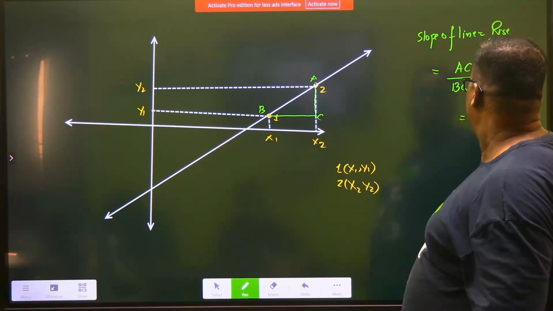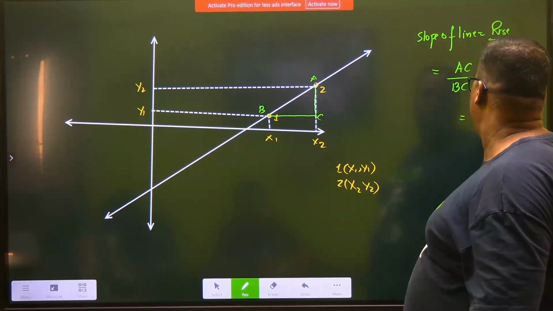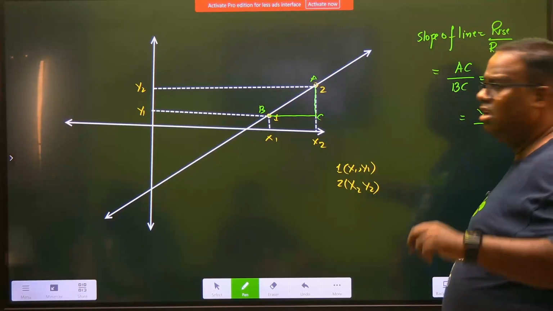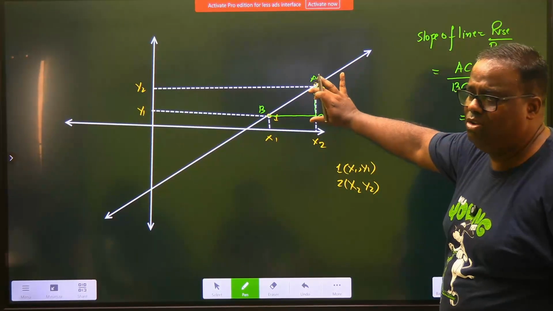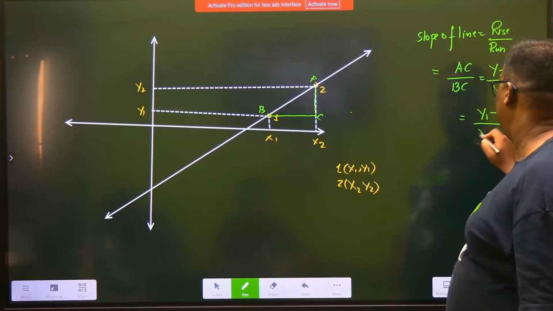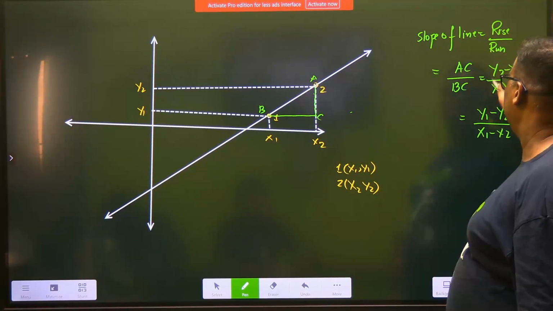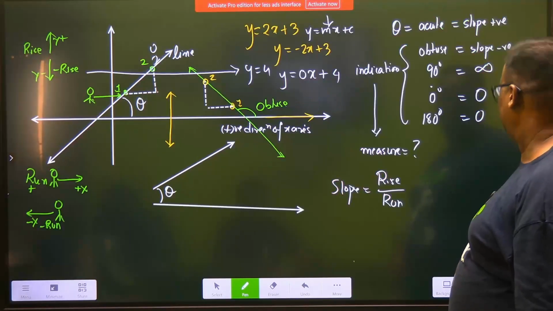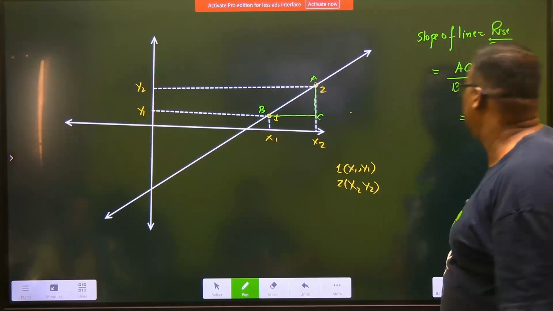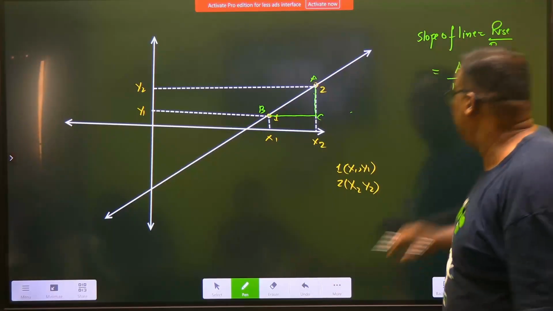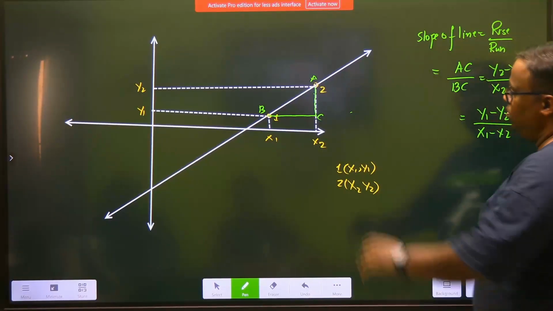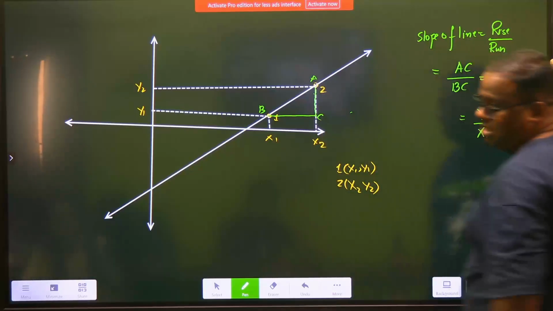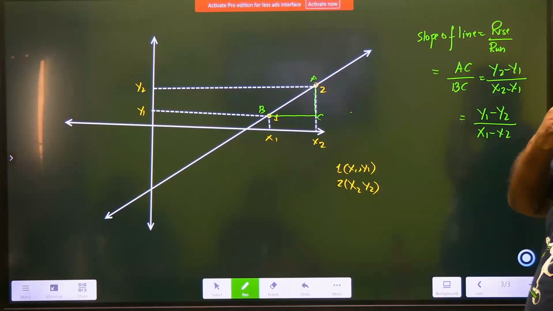So if I do y1 minus y2, then this can be x1 minus x2. So in other sense, we can put one modulus also. End of the day, one thing is clear: if you are taking this minus this, please take this minus this, so that your answer comes okay.